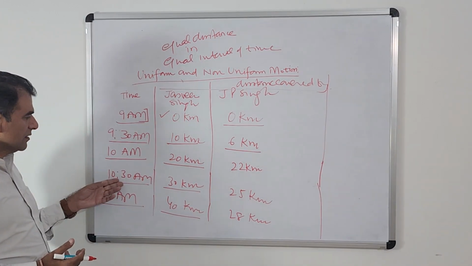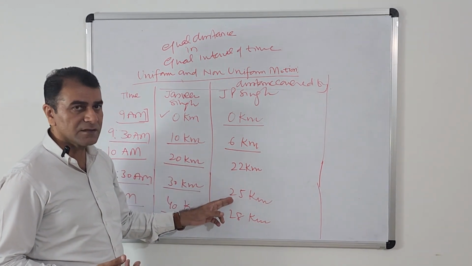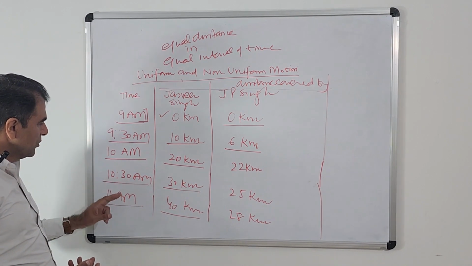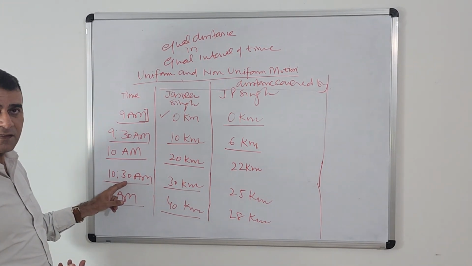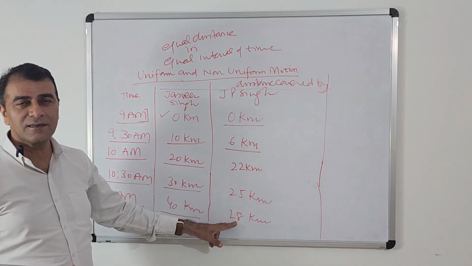Then 10 to 10:30, in the next 30 minutes, JP Singh covers only 3 kilometers. Ridiculous. Then 10:30 to 11, in the next 30 minutes, JP Singh covers only 3 kilometers.